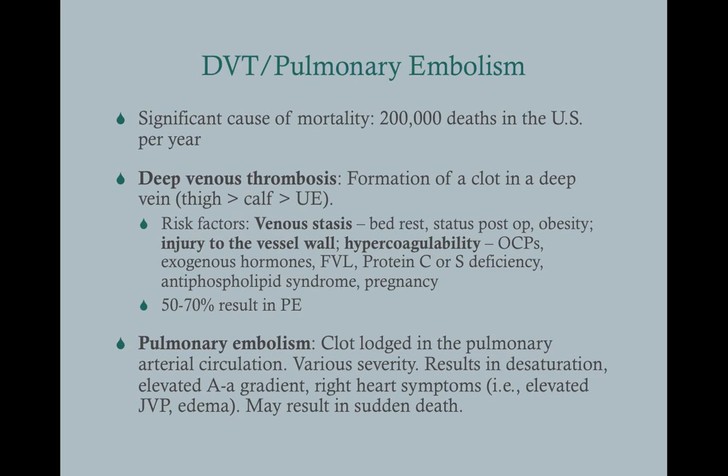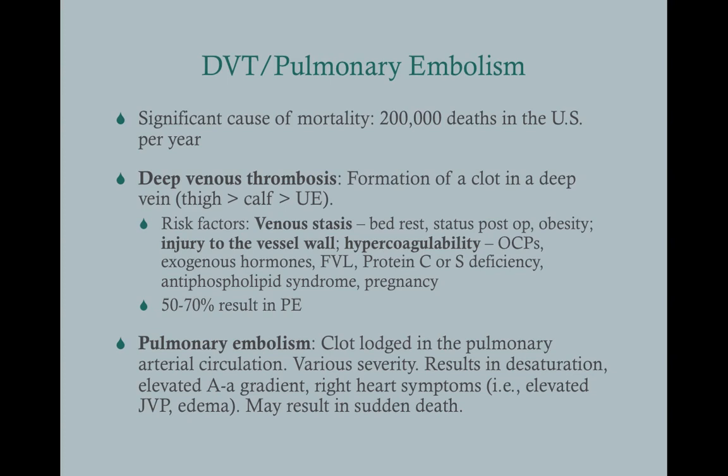And then inherited states like factor V Leiden, protein C and protein S deficiency, and antiphospholipid syndrome, which we would see, for instance, in lupus. And then, of course, pregnancy is a hypercoagulable state. You think of pregnancy definitely because there are some pregnant women who are on bed rest. So there you would have 2 major risk factors right there for DVT.